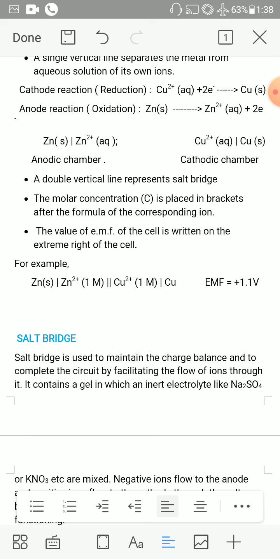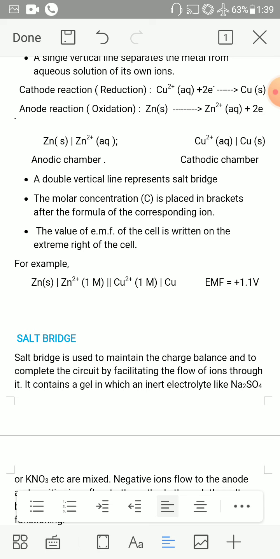This is gaining of electrons, which means reduction. So the main thing is that you have to represent the anodic chamber in terms of oxidation, and the cathodic chamber in terms of reduction.